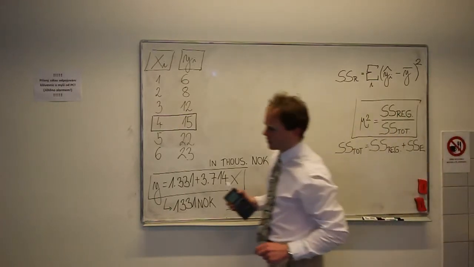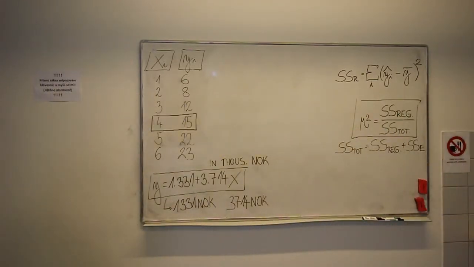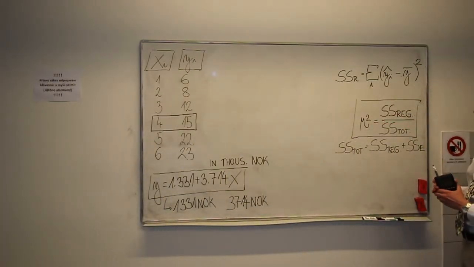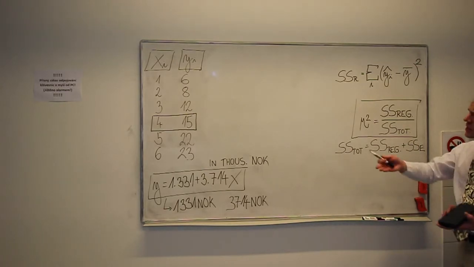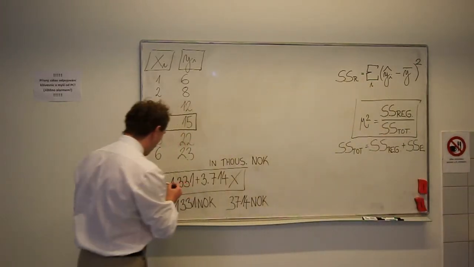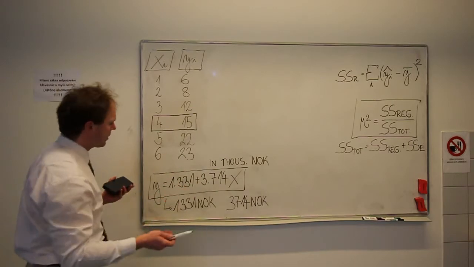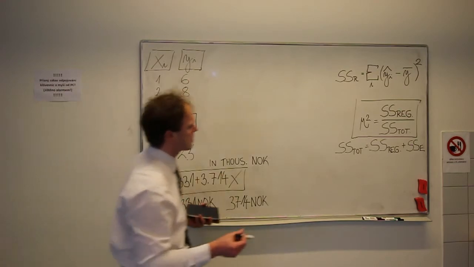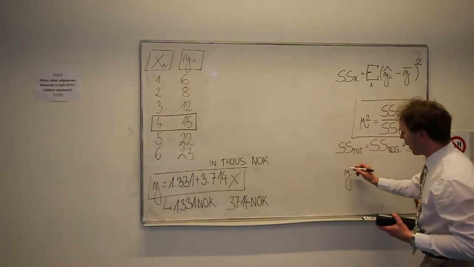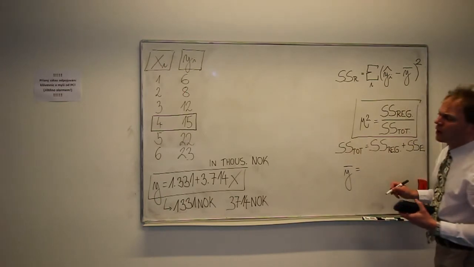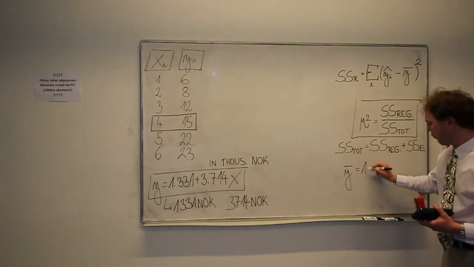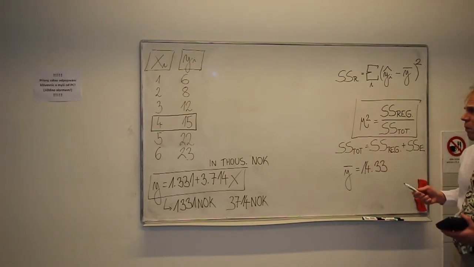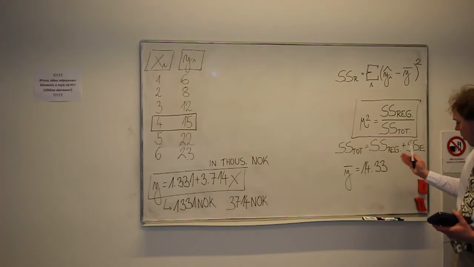Yes, this is regression sum of squares. So we need to calculate 6 estimates, according to our model, 6 calculated values on the basis of the model. And we know that this mean y with stripe was equal 14.33, yes? I hope that it's correct.